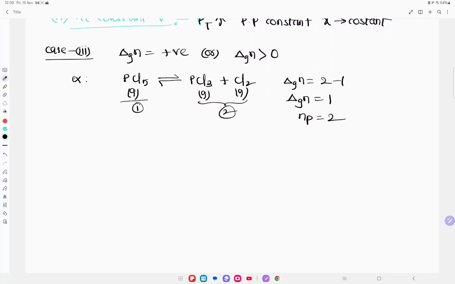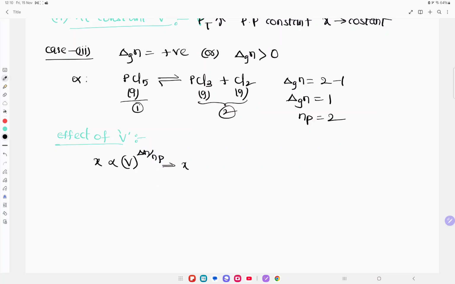Now see the effect of volume on this type of equilibrium reaction, I mean delta n positive. What is X? X is proportional to V power delta n by np.